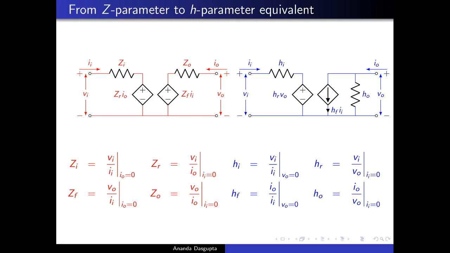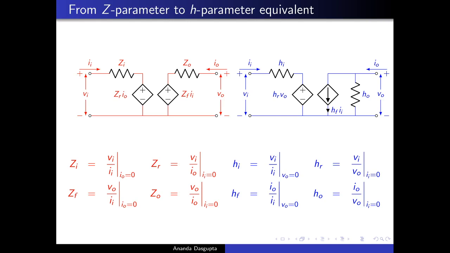Let me now point out one very important issue which might be confusing to people who are seeing this for the first time. As you can see, Zi here and Hi here are both input impedances. Basically, they are input voltage by input current. Of course, fluctuation in input voltage by fluctuation in input current, but in the context of AC signal analysis, what we are doing here, we will drop the word fluctuation.